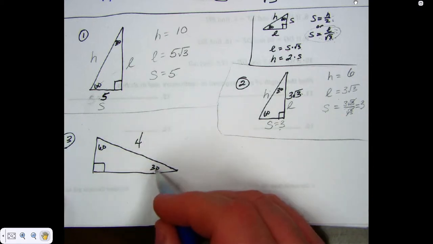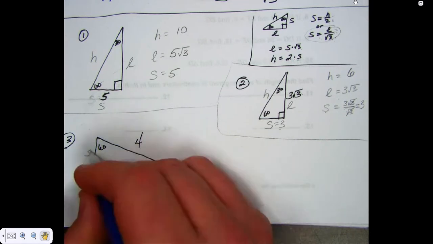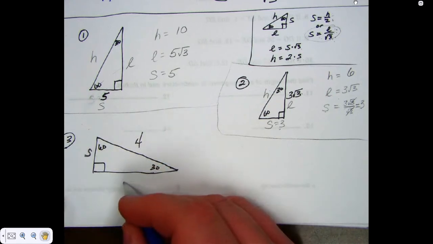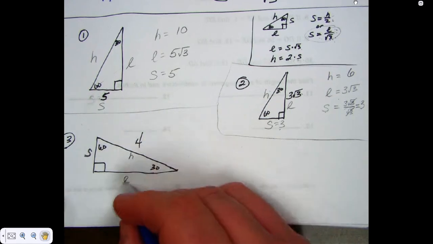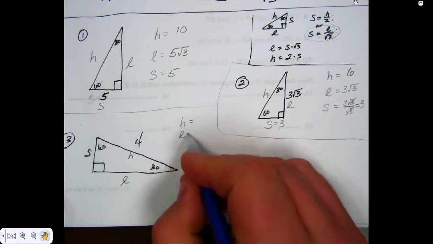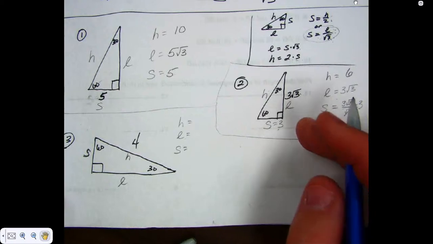First thing to find is S. Which one's S? The one opposite the 30. So is that S? Yes. That's S, isn't it? What's L? This one? Yes. Each time I'm going to find the hypotenuse, I'm going to find the leg, and I'm going to find S. The first thing I always do is find S.